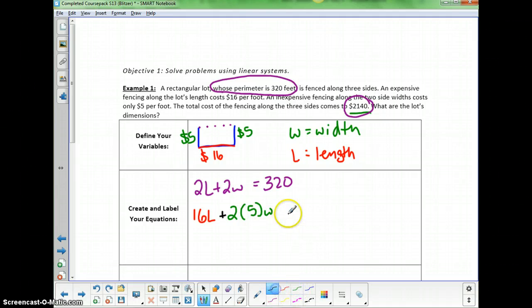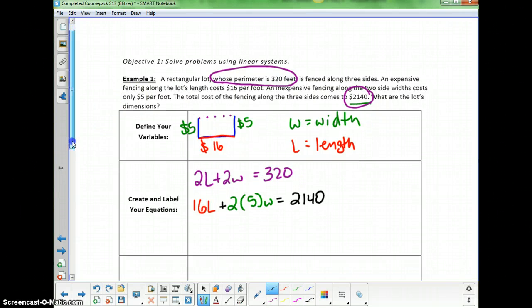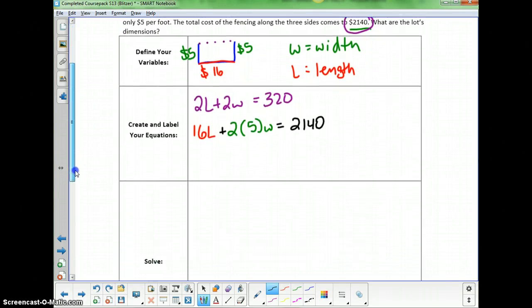Adding that all up gives us the total of 2,140. I'm trying to explain where these values come from and talk through how I'd write this second equation.